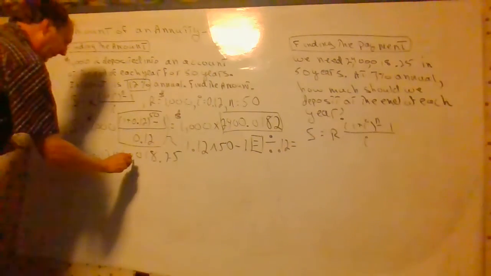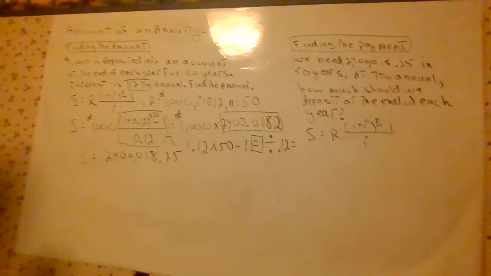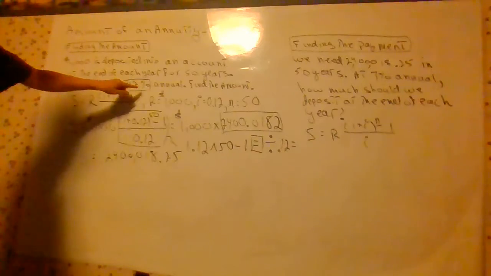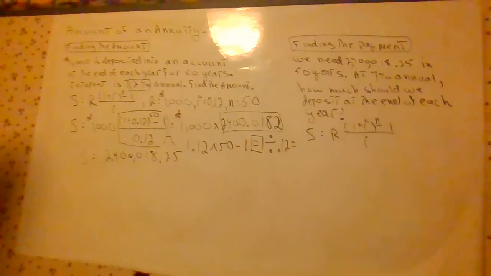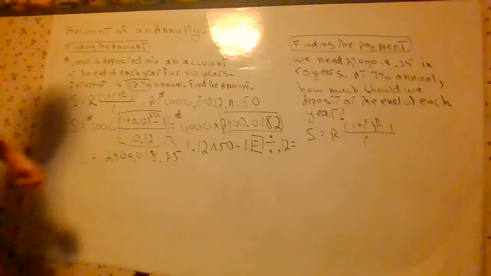Okay, that's all together $2.4 million. That's quite a bit of money. It seems like a lot, but this interest rate over a long period of time will accumulate quite a bit, and that's a pretty tidy sum, considering that you only put 50,000 in, and it gave you 2.4 million.